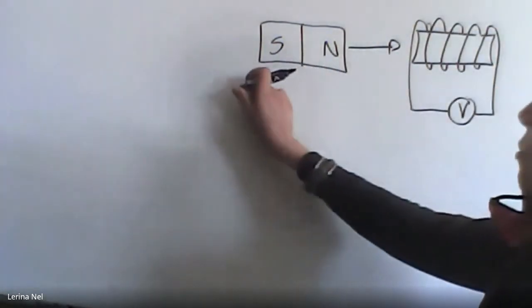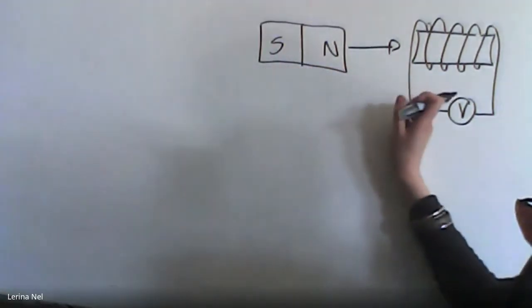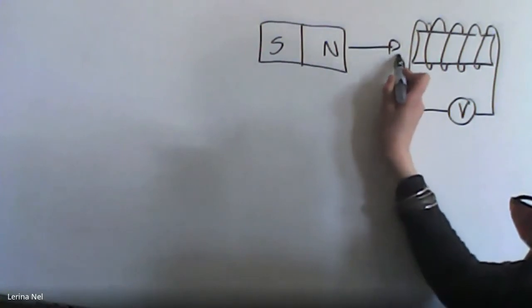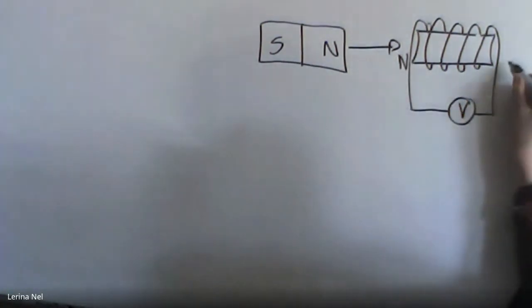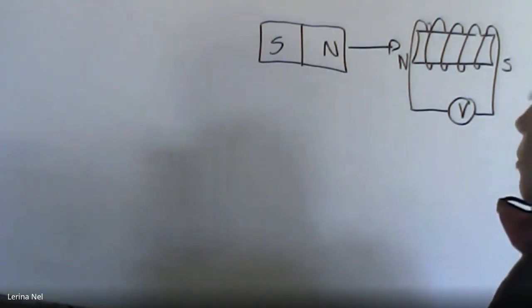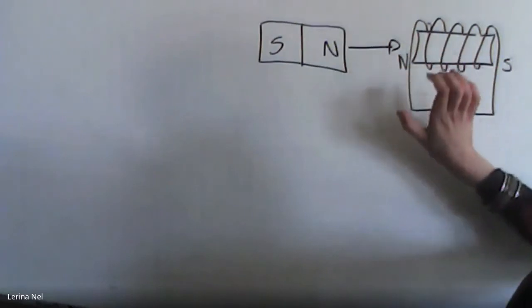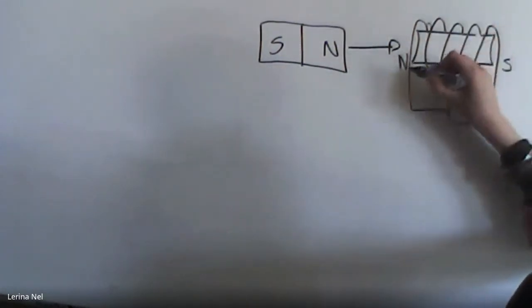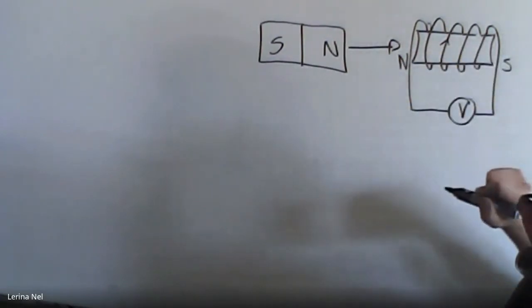If this is moving towards the solenoid, when north is moving towards it, there will be a north pole induced on this side and a south pole induced on this side. Which means if I use my right hand rule, the current will be flowing from the front to the back, so the direction of the current will be like this.